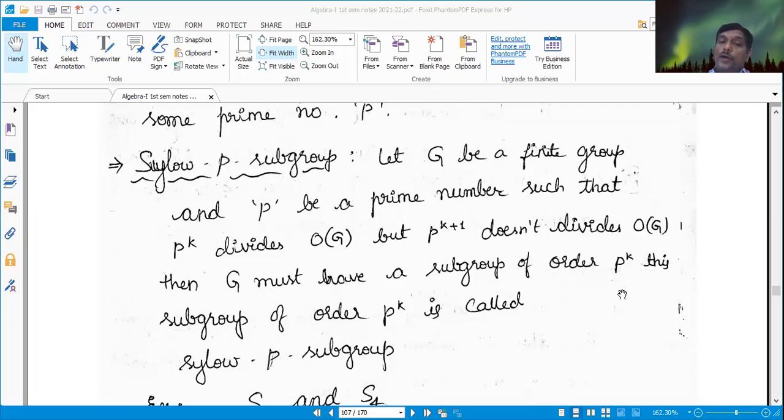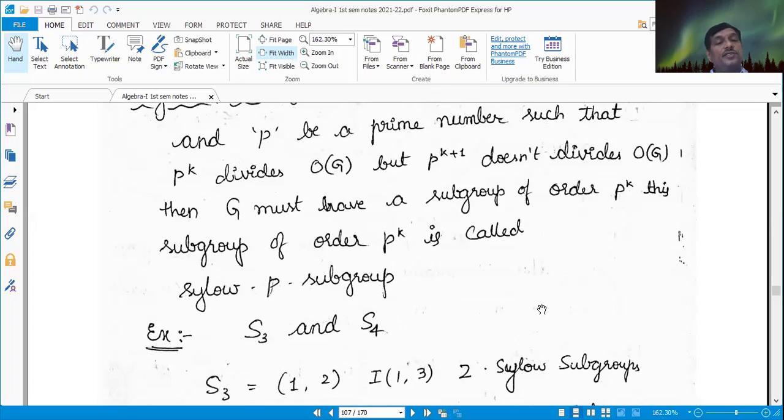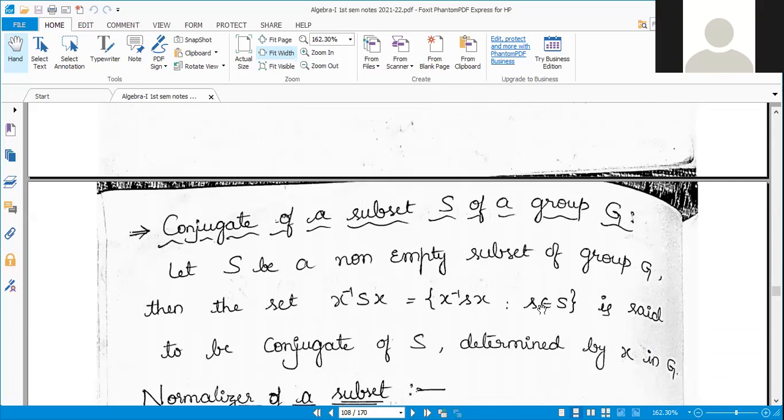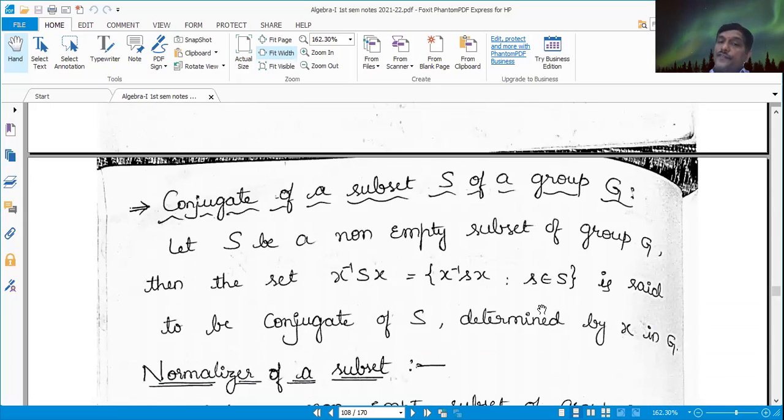This subgroup of order p^k is called a Sylow subgroup. We also gave some examples related to S3 and S4.